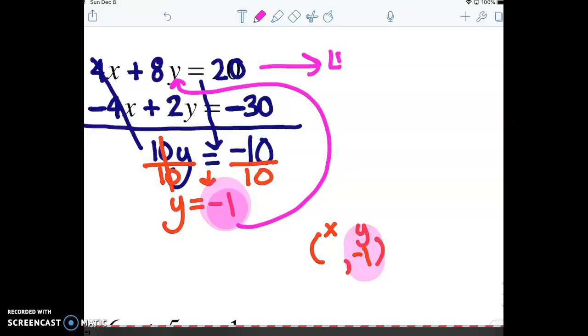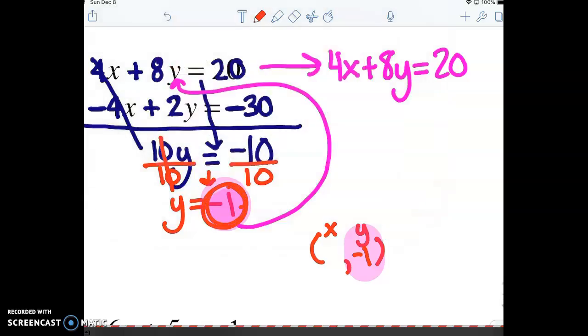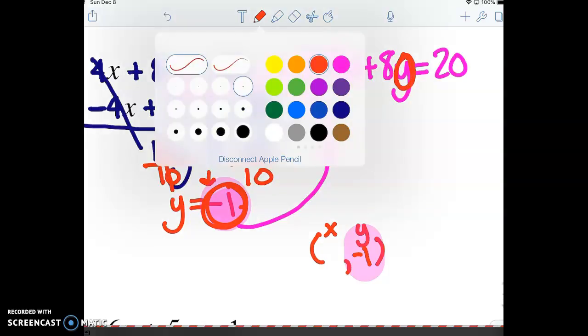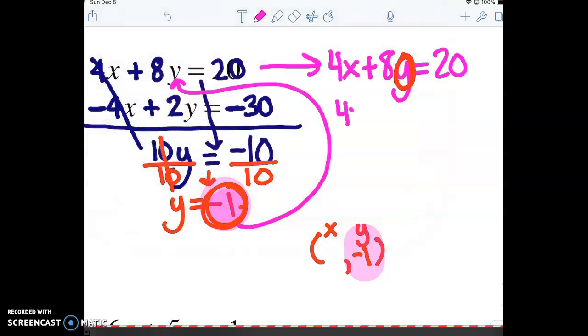So I get 4x plus 8y equals 20. Poner la y en la y. 4x más 8y. Replace it, switch, cambiar, con paréntesis.